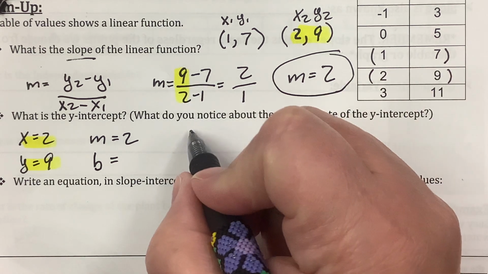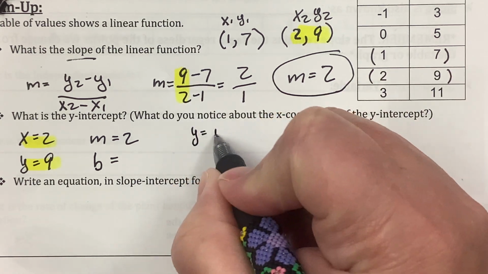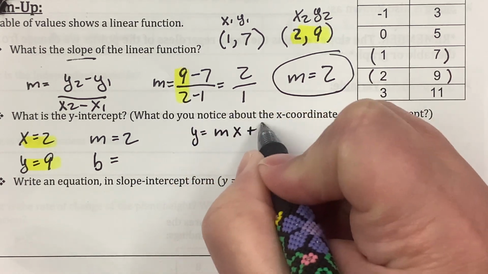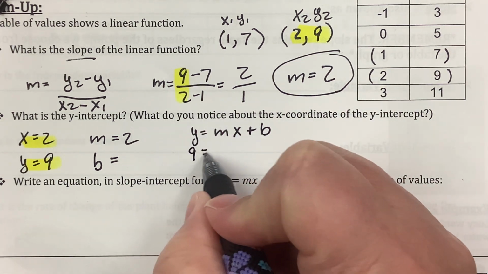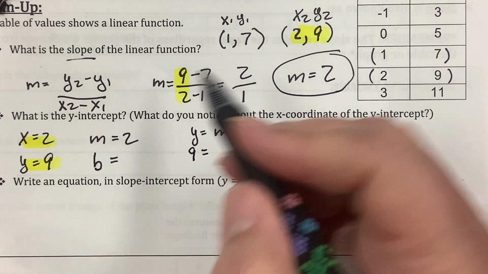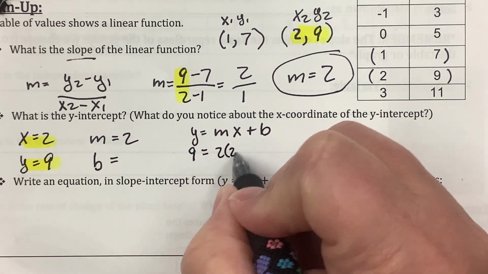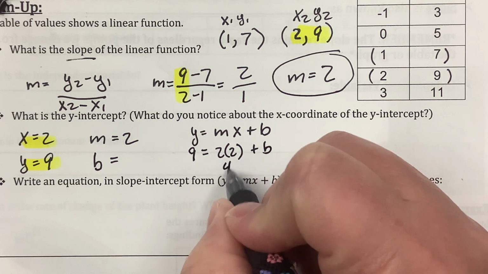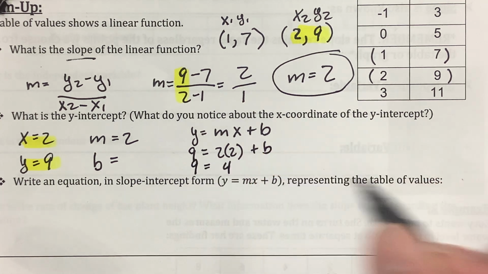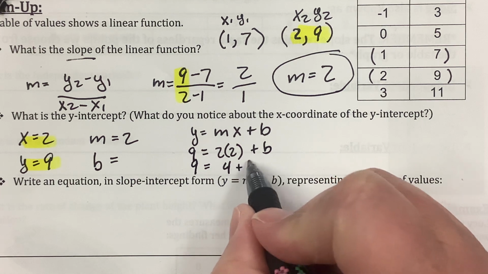So slope-intercept form is y equals mx plus b. y here is 9 equals x is 2, m is 2. So 2 times 2 plus b. 2 times 2 is 4, so 9 equals 4 plus b.